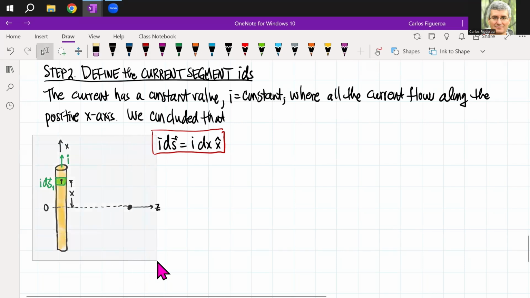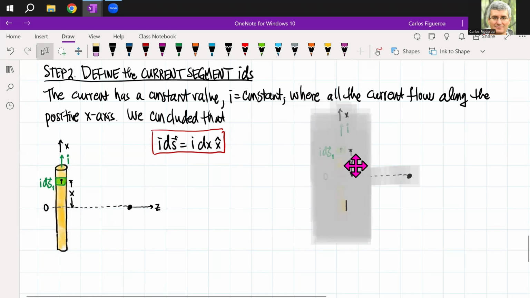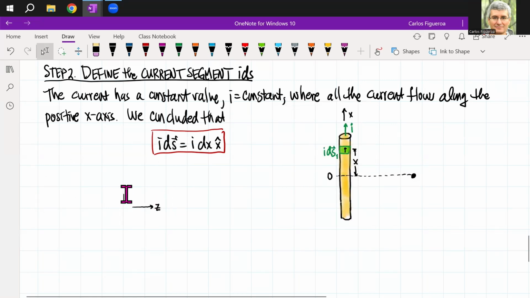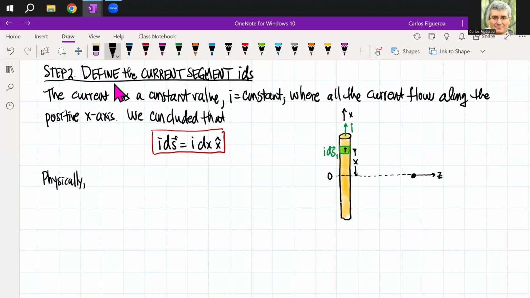You know what? Let me move this. Here, how about if I move this over here out of the way? So if that's the case, then if I look at this thing, it really says this. So physically, I said it, but I didn't write it.